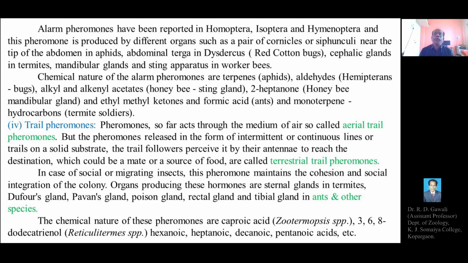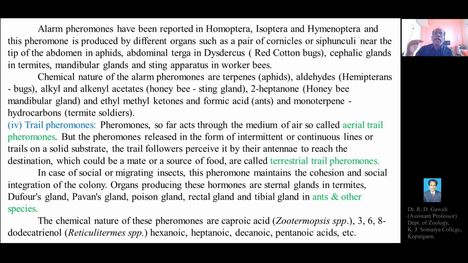organs, such as a pair of cornicles or siphons near the tip of the abdomen in aphids. So aphids have two cornicles present on the lateral sides of the abdomen, which secrete the alarm pheromone. Then the abdominal terga, or the dorsal plates of the abdomen, in the red cotton bug secrete alarm pheromone.